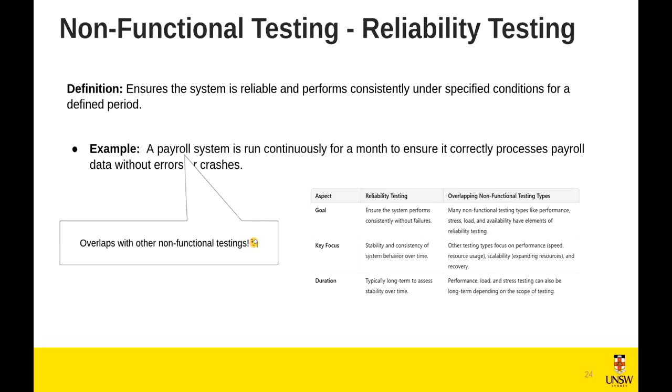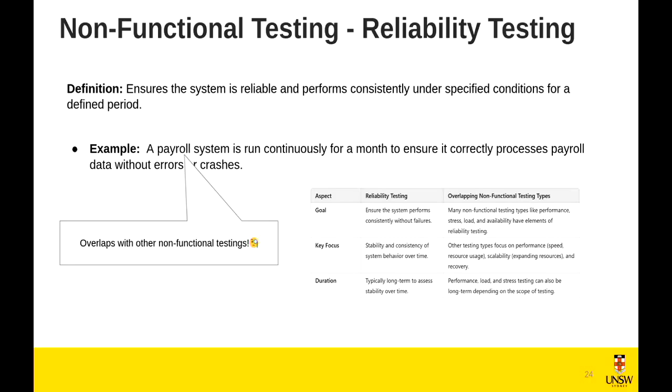And here is a more detailed explanation of how reliability testing overlaps with other types of non-functional testing. For example, the goal of reliability testing is to ensure that the system could perform consistently without failures during a defined period.